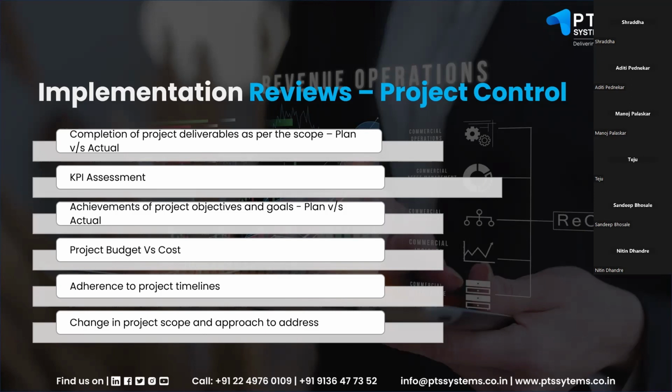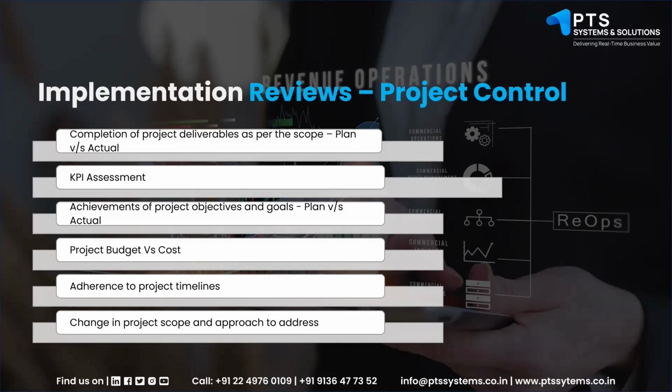So the project budget needs to be categorized into all these subcategories, and against that you need to monitor the budget. Against the budget, you need to see what cost is getting incurred, and whether the whole budget expenditure is under control or not. That is one of the most important parts that needs to be discussed during these implementation reviews.